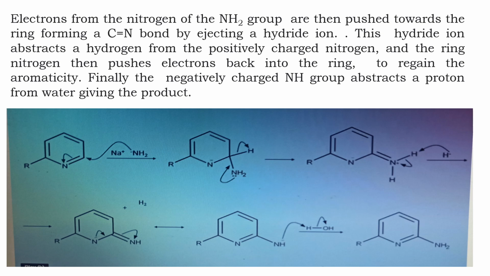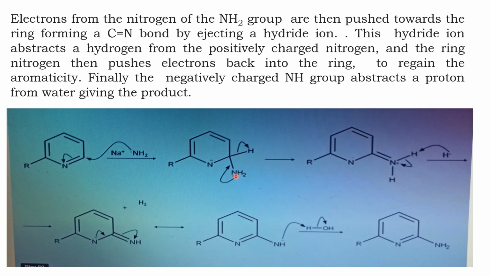Now see here, the electrons from the NH2 group attached at the second position are then pushed so that H minus will be eliminated. That is a hydride ion elimination occurs.